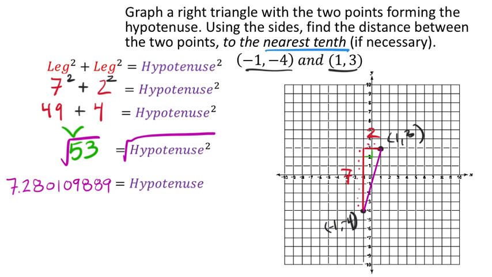So the nearest tenth is where the 2 is right there. To the right, the 8 is 5 or more, so I'm going to have to add 1 to that 2, making my final answer a 7.3 value. Now there's no units attached, but what I have now is the hypotenuse that has been rounded to the nearest tenth, and that's as far as I need to go.